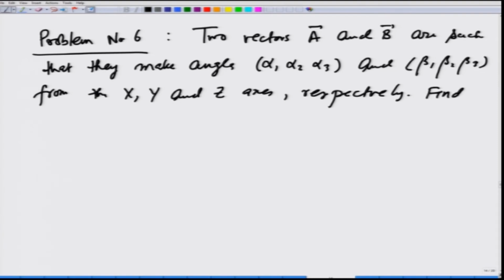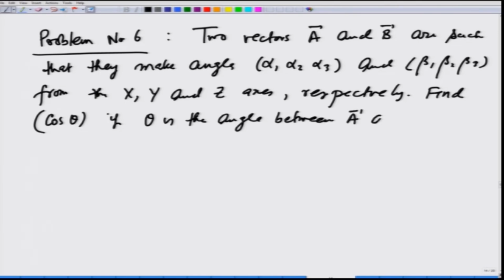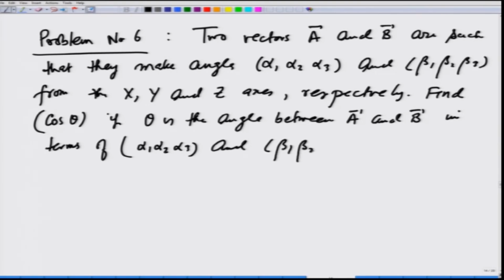Find cos theta, if theta is the angle between A and B, in terms of alpha 1, alpha 2, alpha 3 and beta 1, beta 2 and beta 3.